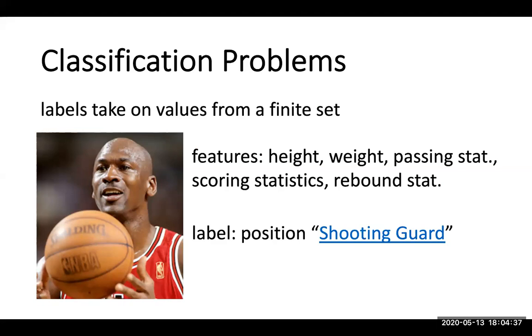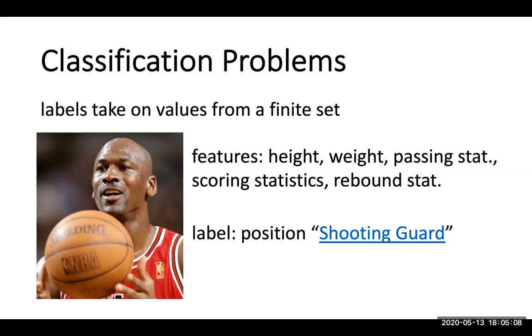We have many basketball players, and a particular basketball player is characterized by features like the height, the weight, then some statistics on scoring, on rebound, and so on. And the quantity of interest that we would like to know is the optimal position where we should use this basketball player. For example, for this particular basketball player, the optimal position is shooting guard.